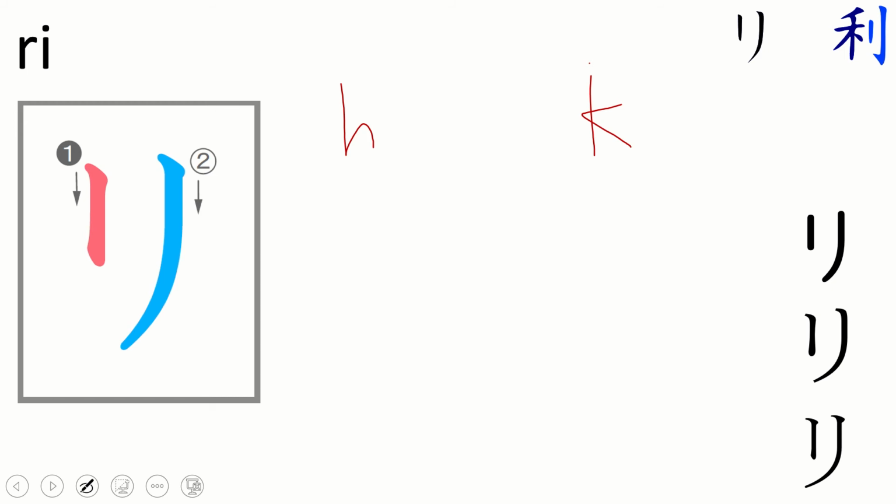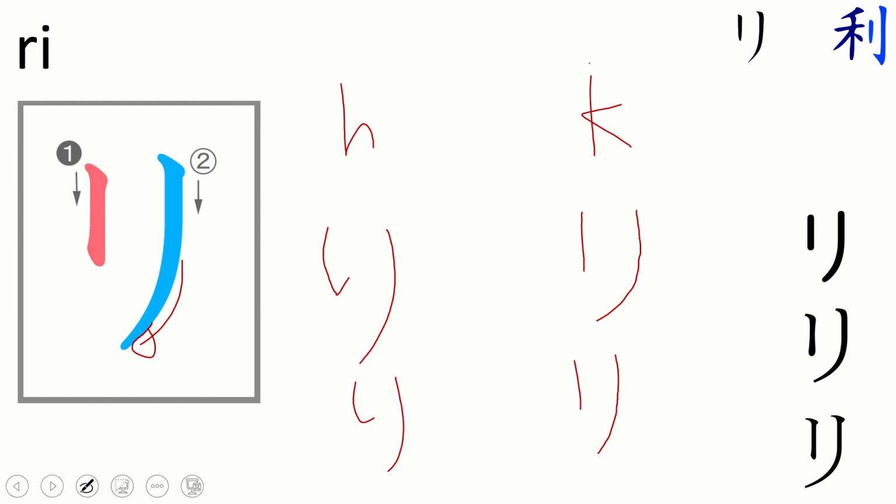次はリ。So, with hiragana ri, I'll put just hiragana versus katakana over here. Hiragana was curved with a hook and then curved again back inside. With katakana, you have no hook, straight down at first and then off to the left, kind of fading out to the left. So 1、2 is our katakana ri.